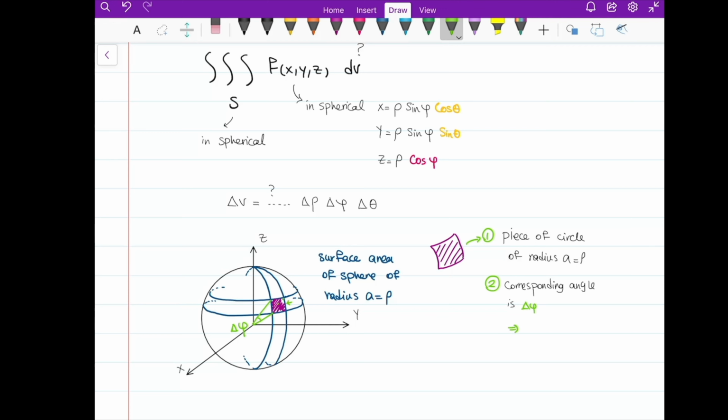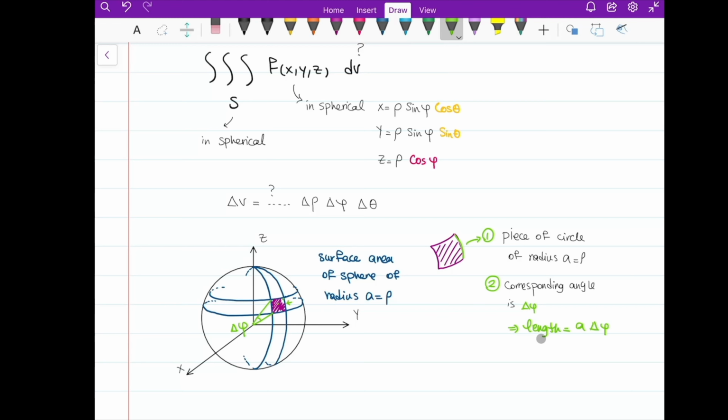And based on these two pieces of information, this arc in here has the length a delta phi. This is the length of this arc that I have in here. And if I make the pieces very, very small, then this side and that side would be approximately the same, right?